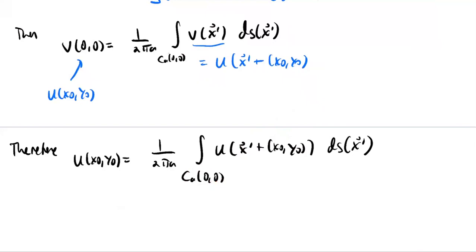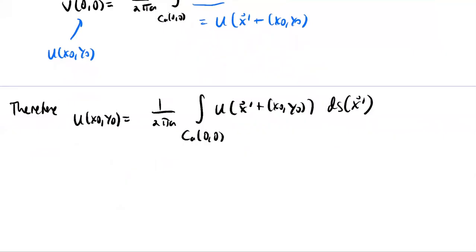So this is just equal to 1 over 2 pi a times the integral along the circle of radius a centered at x naught, y naught of u of x prime ds.